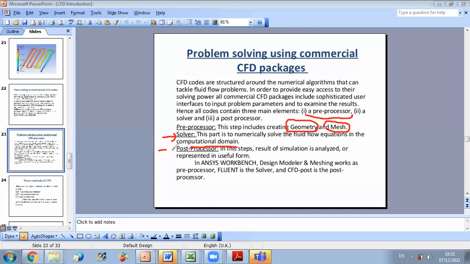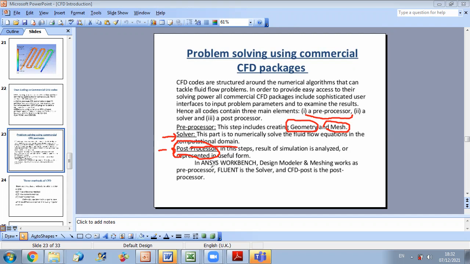For the post-processor, the result of simulation will be analyzed and represented in a useful form. So this is the final step. When your computations are done, you can take results. You can observe profiles of velocity, temperature, concentration, pressure, etc.